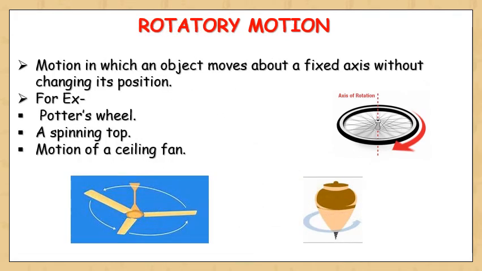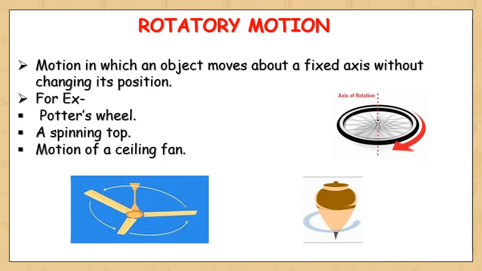Now next is rotatory motion. Students, what is rotatory motion? Rotatory motion is a type of motion in which an object moves around a fixed point, or a fixed axis, along a circular path without changing its position.